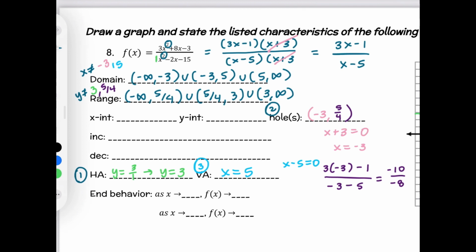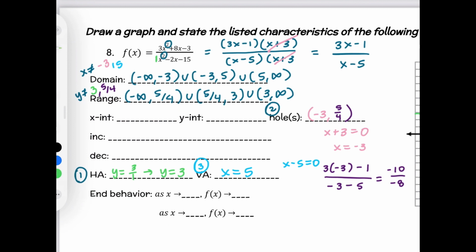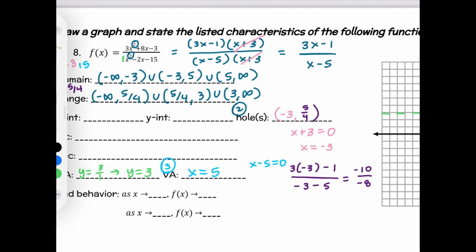All right, now x-intercept, y-intercept. So x-intercept is where you take whatever is in the top of your function. So this 3x minus 1, we'd set that equal to 0. So 3x minus 1 equals 0, and solve for x.